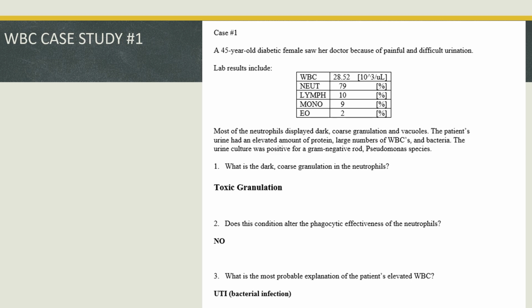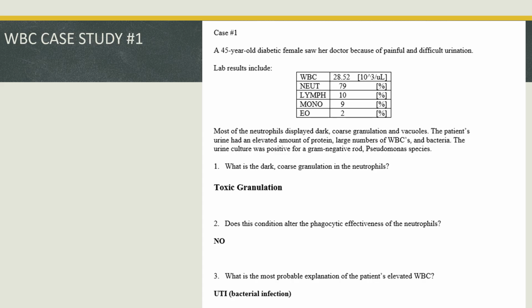So, does this condition, meaning the granulation, alter the phagocytic effectiveness of the neutrophils? No, it does not. So it's not going to impair the ability of the neutrophil to do its job. And then, of course, what is the most probable explanation of this patient's elevated white blood cell count?